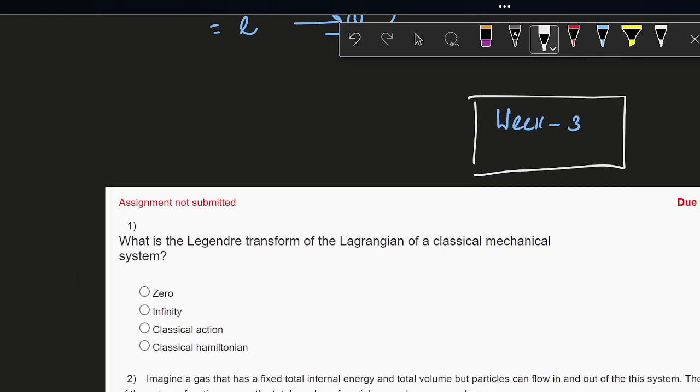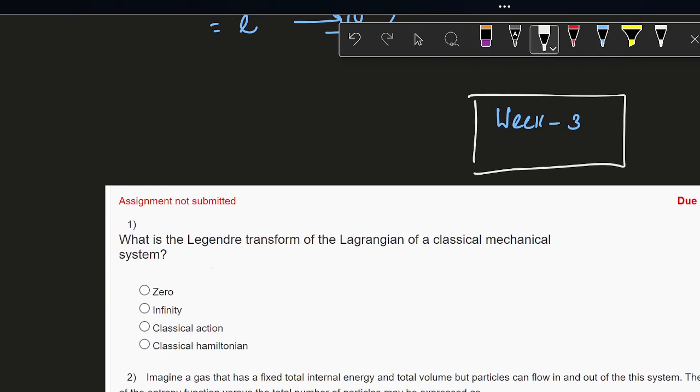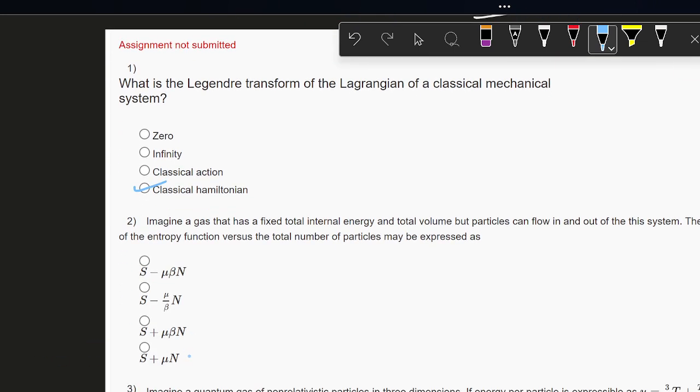Now the second problem I will not totally solve, but it is exactly the same, and in the same way we can do it in a very brief manner. Here you have been given that you have to do the Legendre transform of the entropy function. Entropy is generally a function of all the independent coordinates, but in this case, let's say it is also versus the total number of particles.